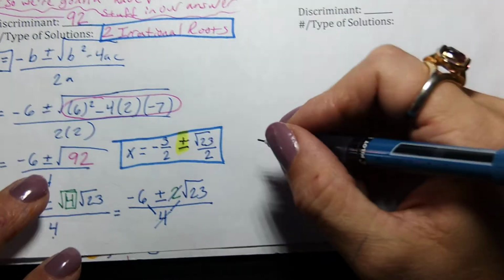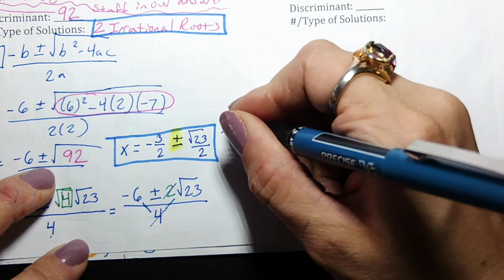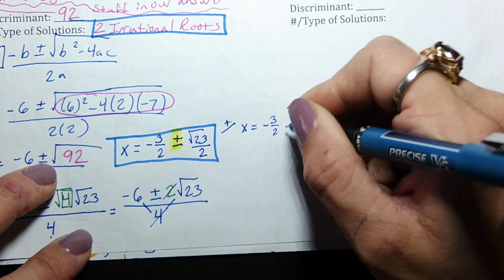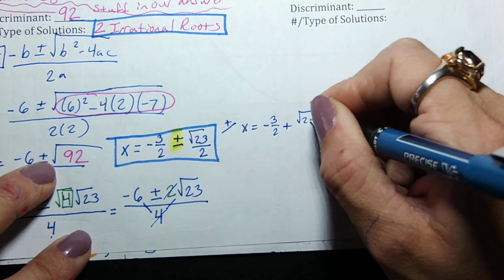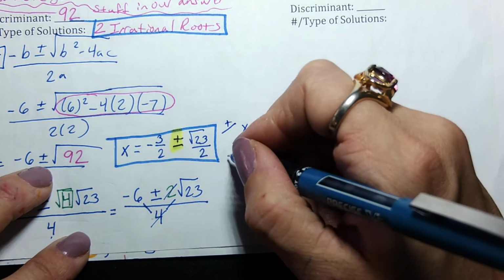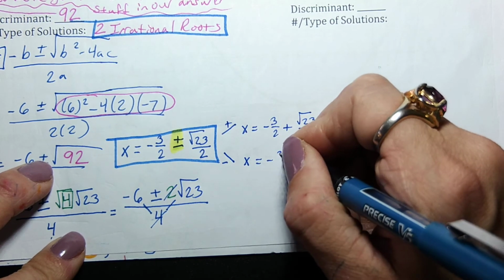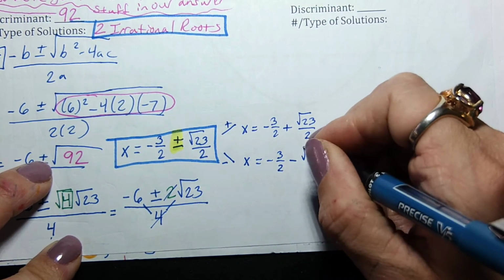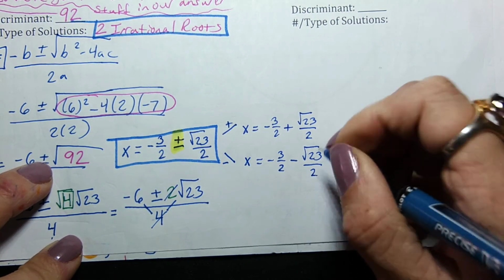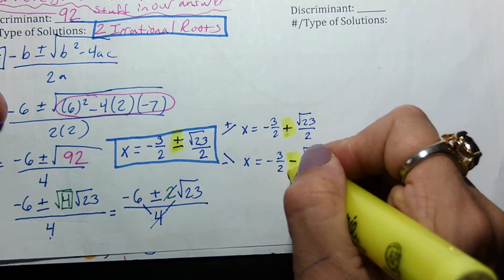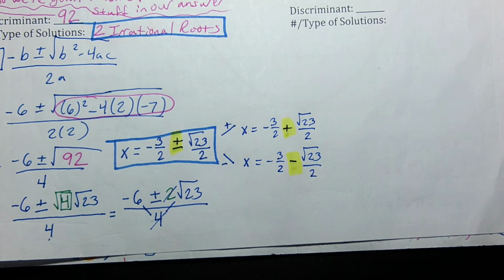I take the positive version of this, which would be x equals negative 3 halves plus rad 23 over 2. And then the negative version, which would be x equals negative 3 halves minus rad 23 over 2. Did I find 2 irrational roots?